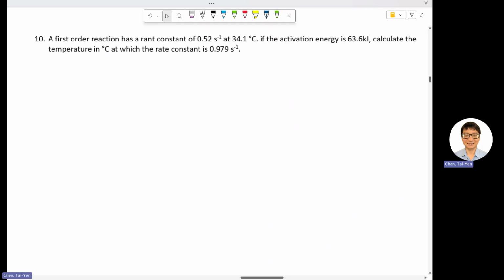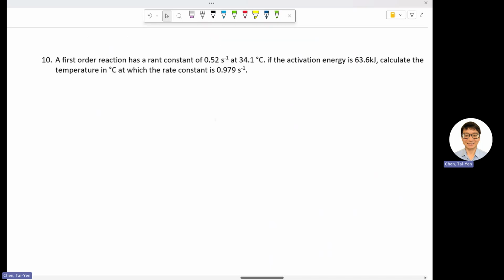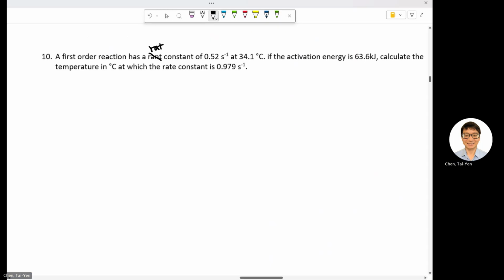The question says a first order reaction had a, not a rank constant, but rate constant, of 0.52 per second at 34.1 degrees C. If the activation energy is 63.6 kilojoule, calculate the temperature in degrees C at which the rate constant is 0.979 per second. What's the keyword? Activation energy is the keyword. Every time you see that activation energy, only two equations to go to.